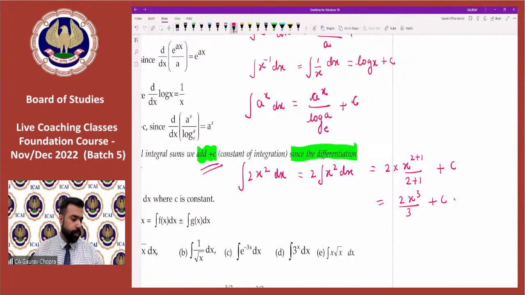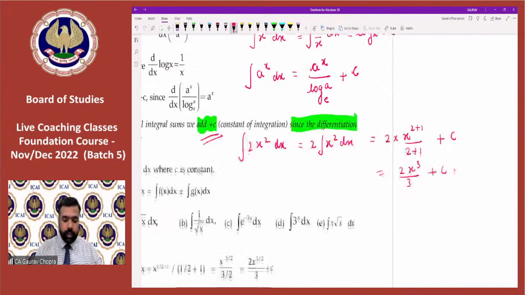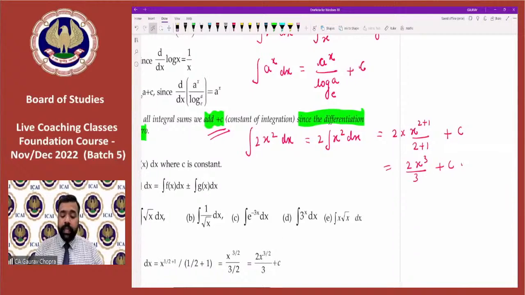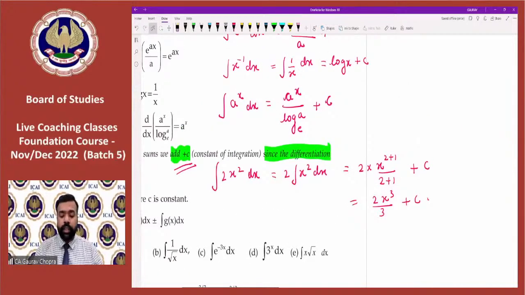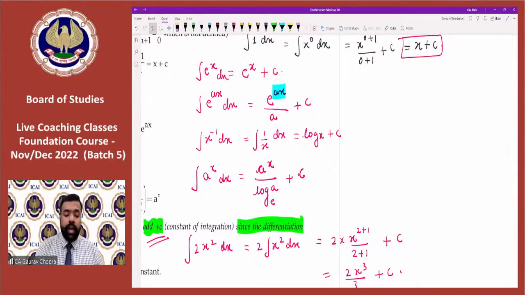All right. Then the next thing is addition and subtraction. If let's say two functions are there and in between there is addition or subtraction, then what do we have to do?